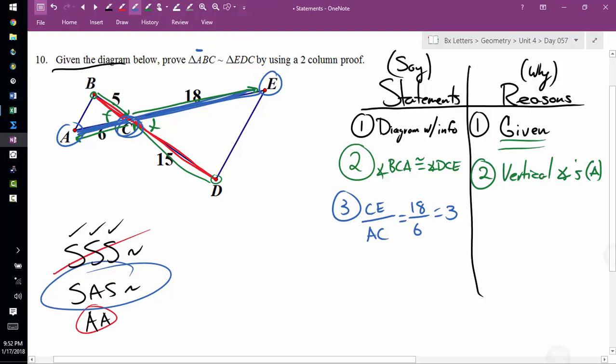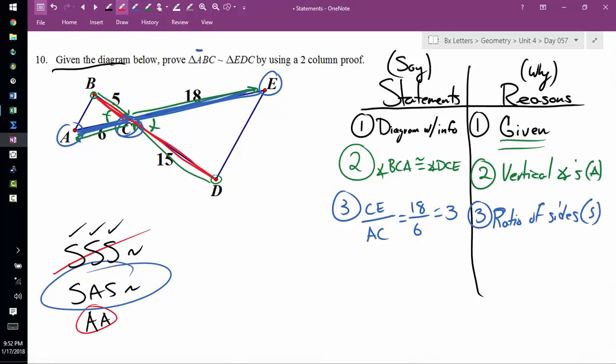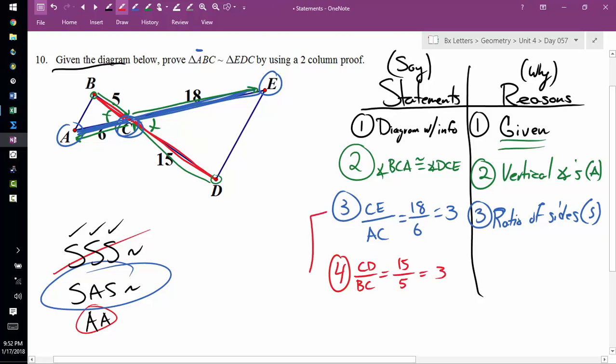So I've got my third statement, and my reason for doing that is, well, we just made a ratio of sides. We just compared corresponding sides. And that's going to become evident in step 4 when we do the other ratio of sides. When we compare CD, something from the big compared to the corresponding piece from the small, BC, when we do 15 over 5, which is clearly 3, you can see that they're equal ratios.